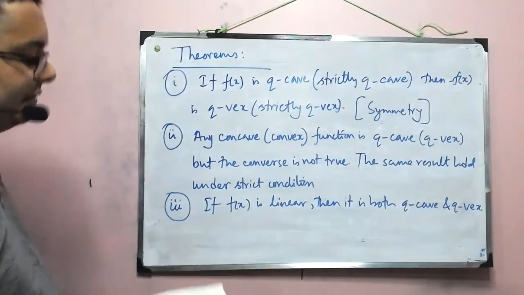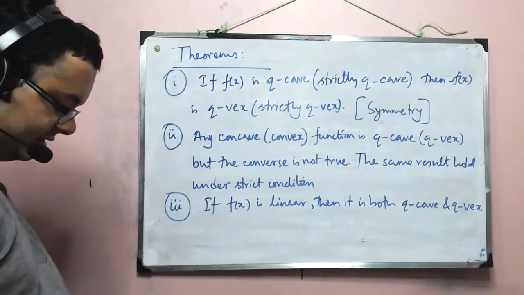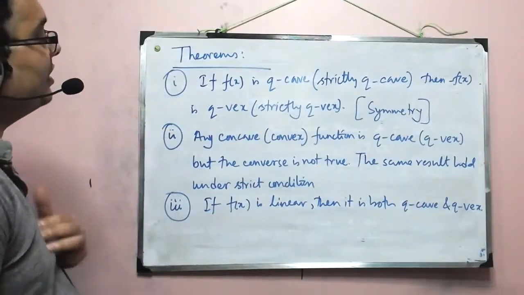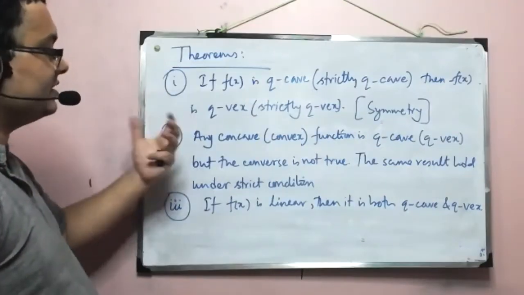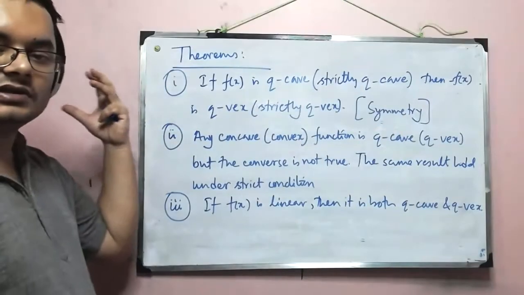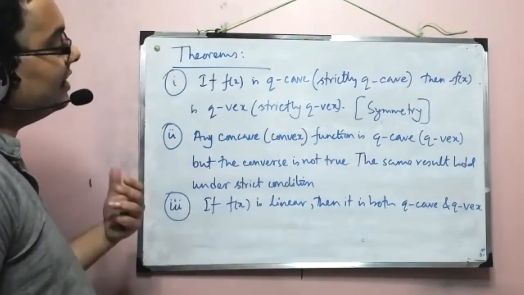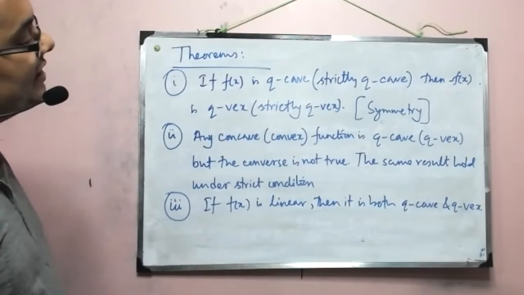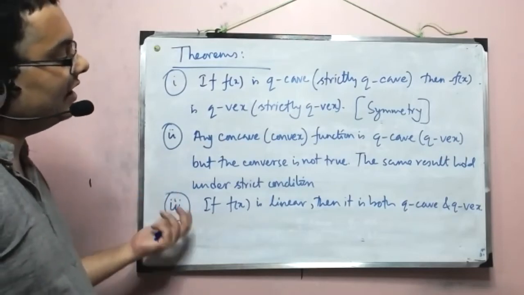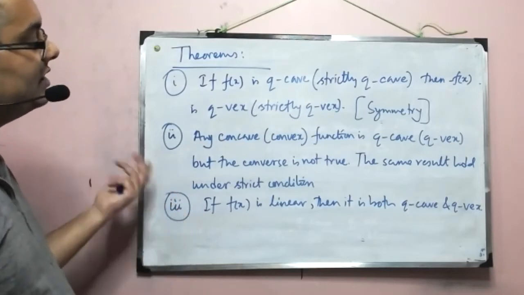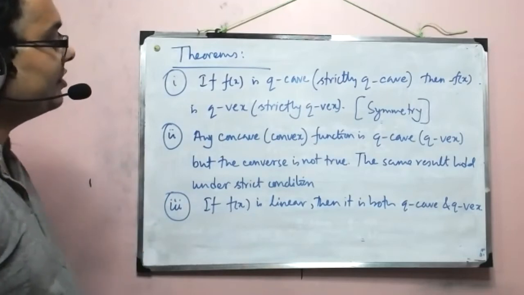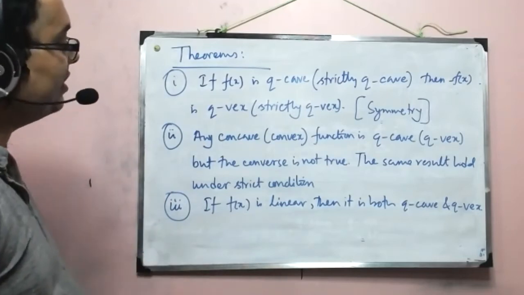So these are the three theorems. Here we take the algebraic definition that we just took and put in a minus, and then we realize that f(u) and f(v) swap, so our condition basically changes.